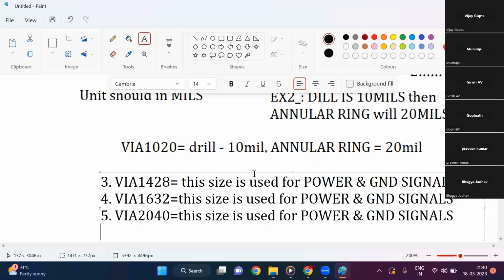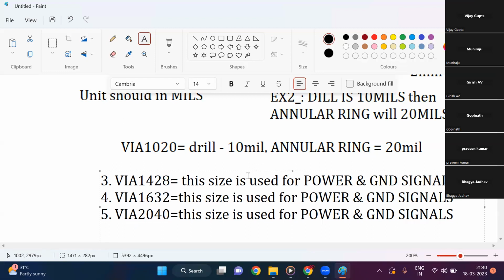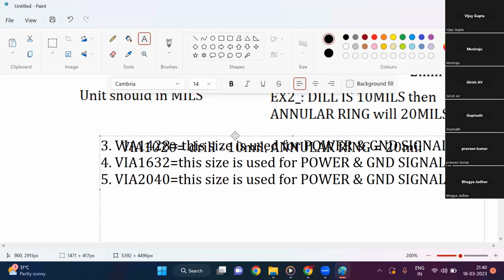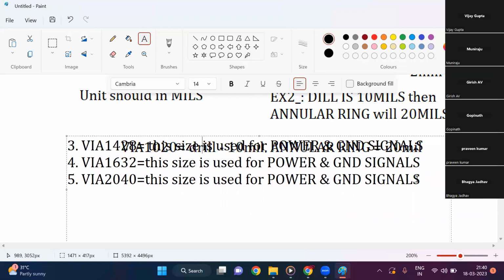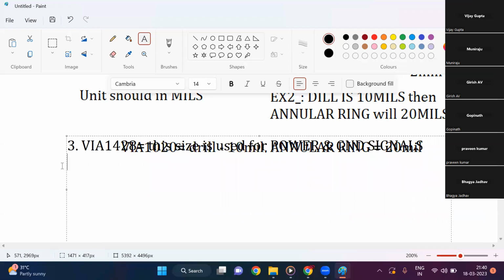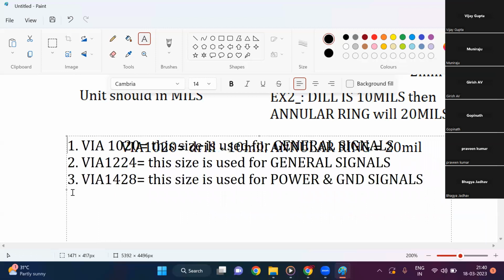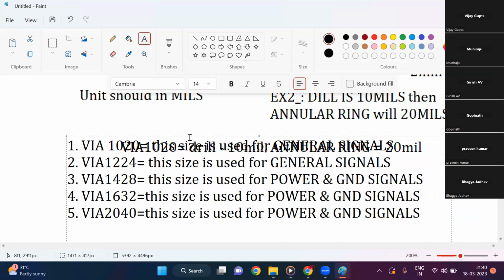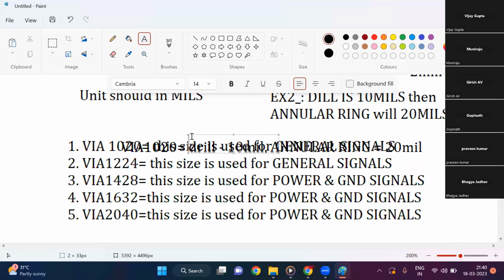It depends on the current of the power and ground signal. Understood? Guys, clear? Okay.